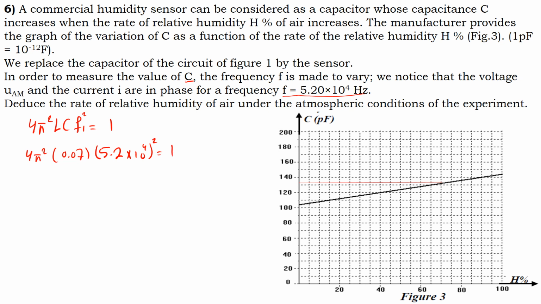We forgot to put C there, so we have C multiplied by all of this, the capacitance. So C is equal to 1 over 4 pi squared times 0.07 times 5.2 times 10 to the power of 4 squared.